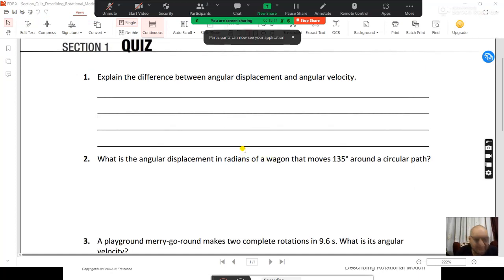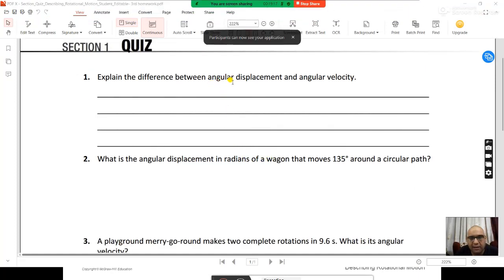Explain the difference between angular displacement and angular velocity. What is the difference between them?